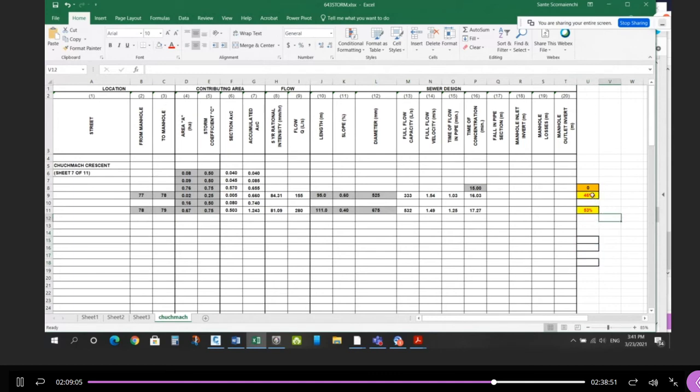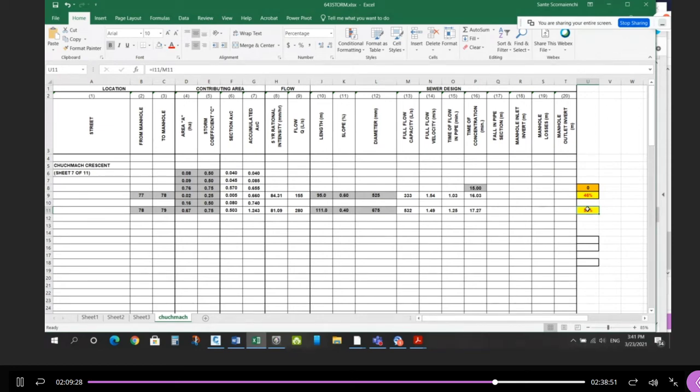All right, so now I look at the percentage, right? I take this, the actual divided by the capacity, and that tells me the percent full. So the pipe is only 46% full. And this pipe, 280 divided by 532, is only 53% full. So you can see that there's still a lot of room in those pipes to take a little more flow, a little more area.